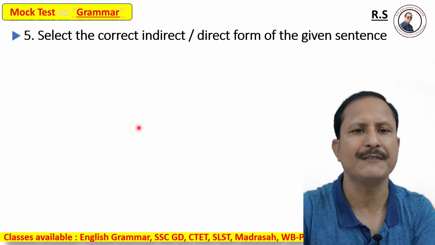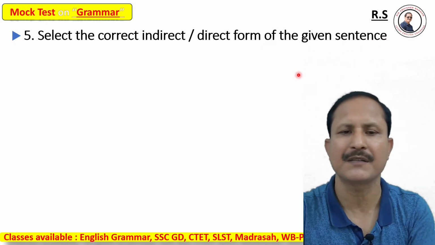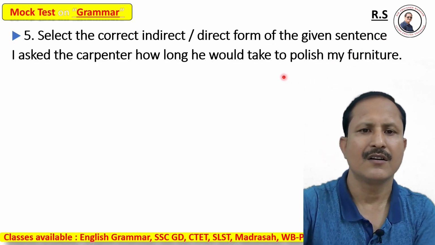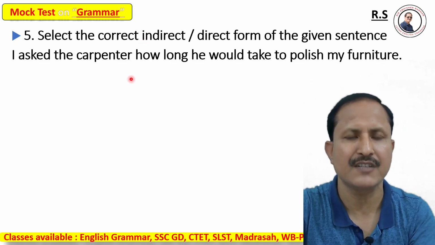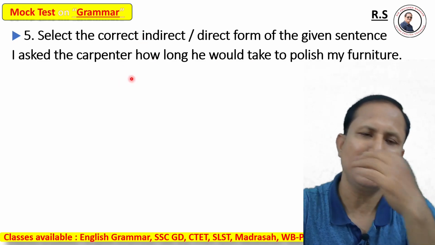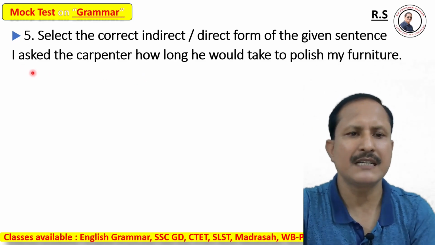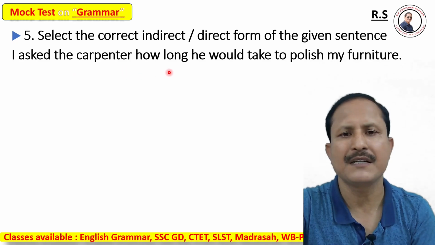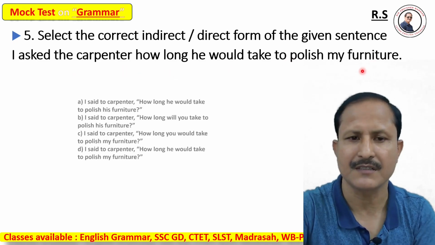Now, question number five. Select the correct indirect or direct form of the given sentence. That is, a sentence will be given to you. If it is direct, it should be transformed into indirect, and if it is indirect, it should be transformed into direct. The given sentence is: I asked the carpenter how long he would take to polish my furniture. Now, options.